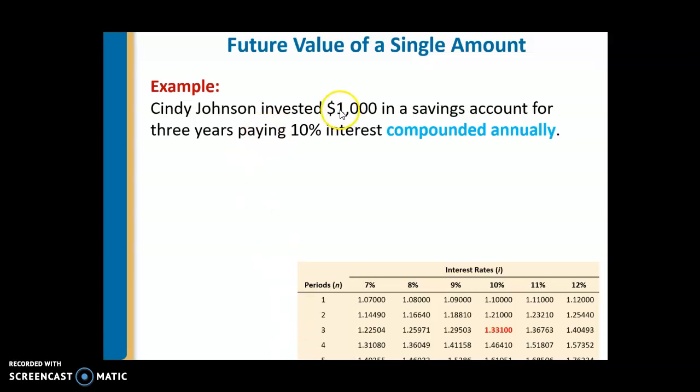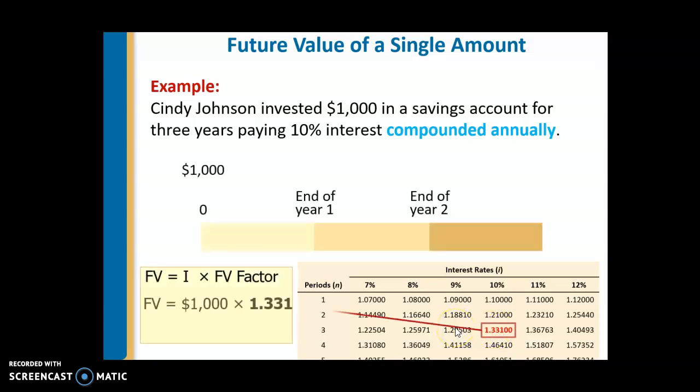So we're going to take Cindy's $1,000 investment and multiply it times this factor, 1.33100. And when we do that, we calculate her future value of that $1,000 as $1,331. That amount is the same as what we had on slide number 5.